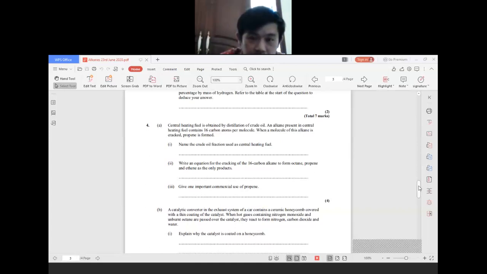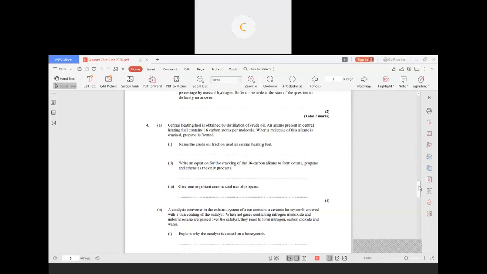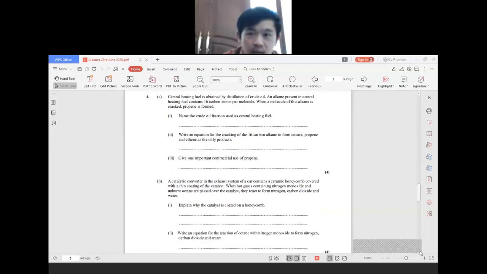And then number 2. Write an equation for the cracking of the 16 carbon alkane to form octane, propene, and ethene as the only products. Let me ask Devin Hartanto. What is the equation?